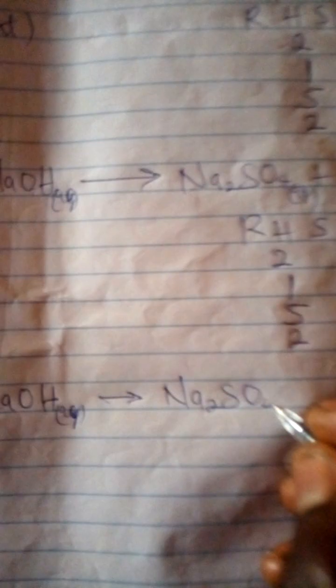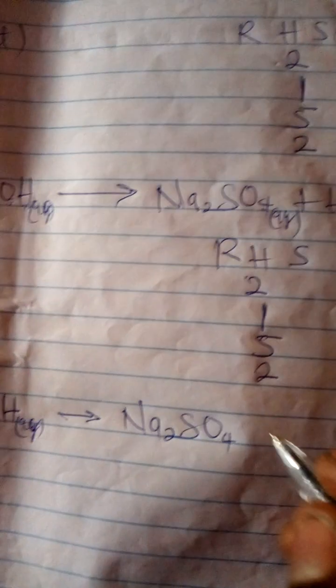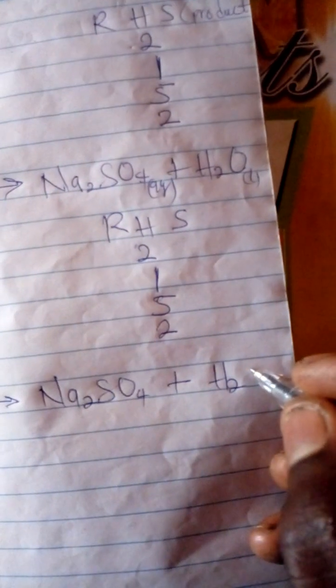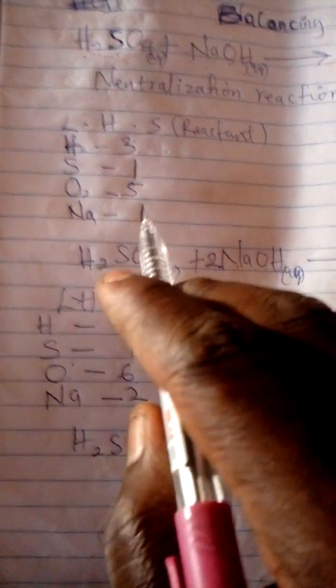You have sodium tetraoxosulfate plus water. You see what I'm doing? So this is aqueous, this is a liquid, aqueous. So still this equation that I've written here. So don't worry, we are almost done. This is the last part of it.